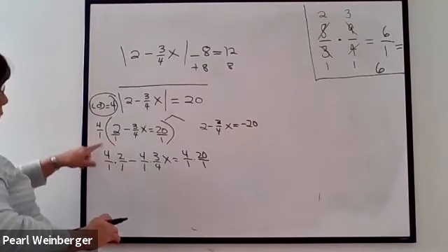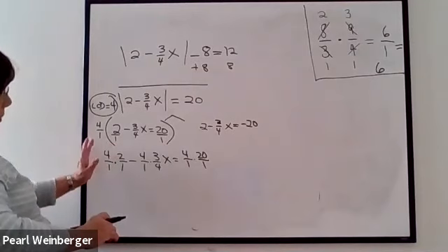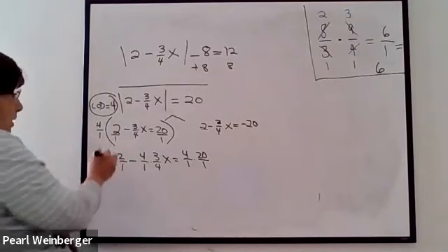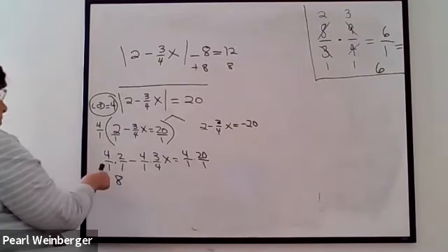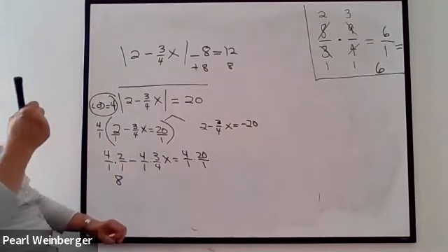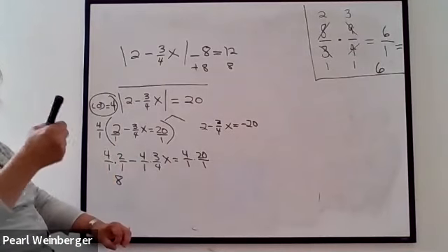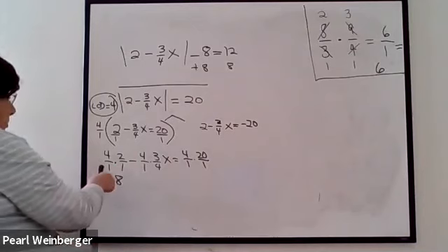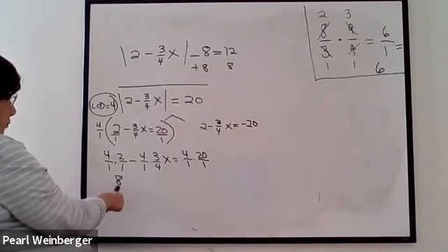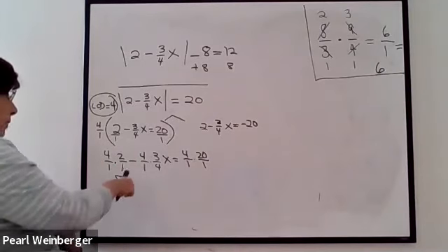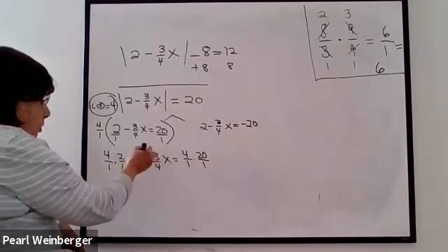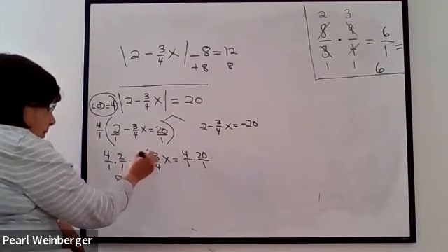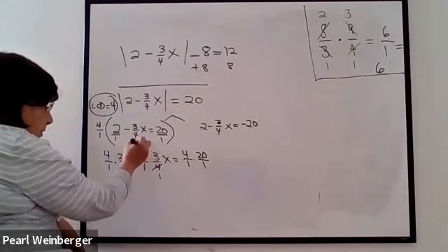Now here, the first one is 4 over 1 times 2 over 1. There's nothing that's canceling out, so I just multiply the tops together. 4 times 2 is 8. The denominators, we'll always see, will turn out to be 1. So I don't have to put in that 1, and that first term becomes an 8. Now I go to the 4 over 1 times the 3 over 4, and now the 4 on top here cancels with the 4 on the bottom here.